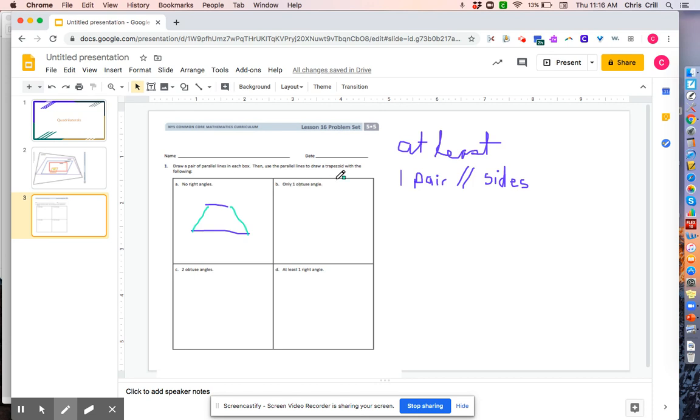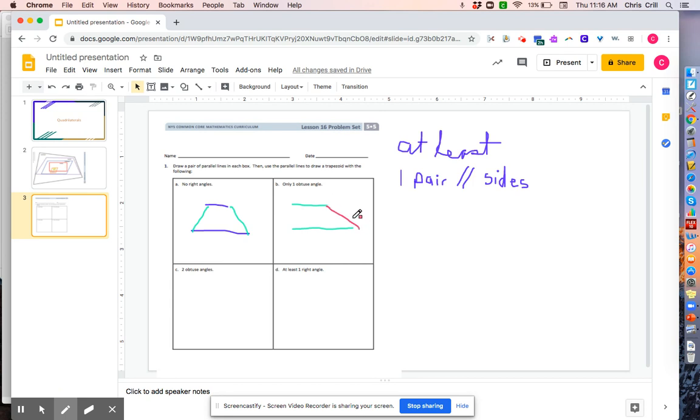Now this says, draw a trapezoid with only one obtuse angle. We can't draw this because this has two obtuse angles. So let me see, I need a pair of parallel sides. There's a pair of parallel sides. And now I need to make one obtuse angle.